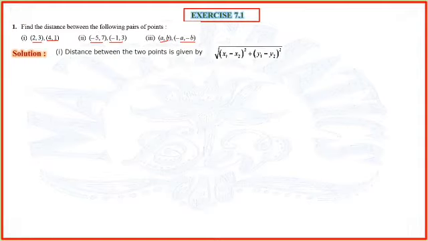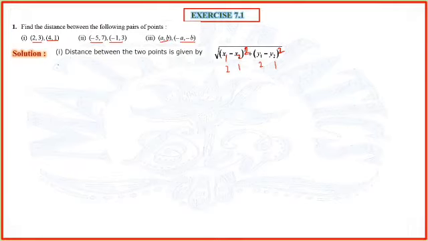We can write x1 minus x2 or x2 minus x1, similarly y2 minus y1 also, because ultimately we have the square of the whole thing. So whether we write negatively or positively, the squares don't affect the result.